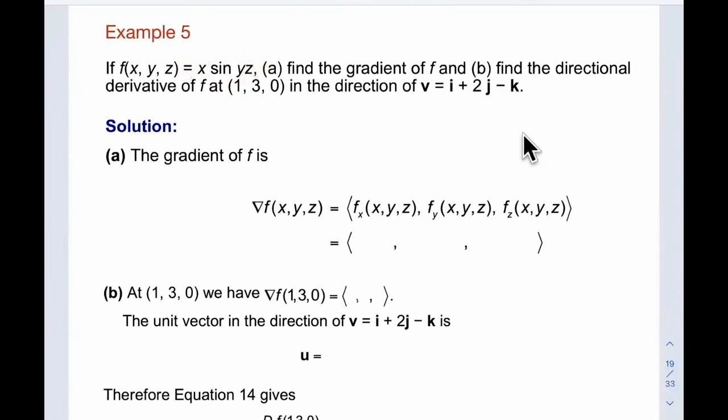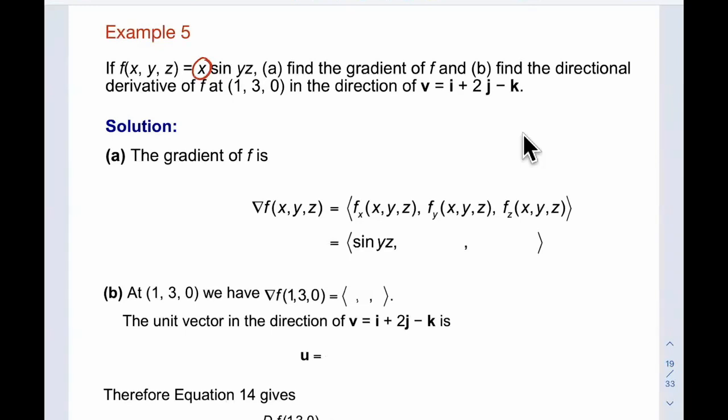Think about x as the changing variable. The sine of yz is going to be a constant. So when you have a constant times x and differentiate with respect to x, what do you get? Sine of yz.